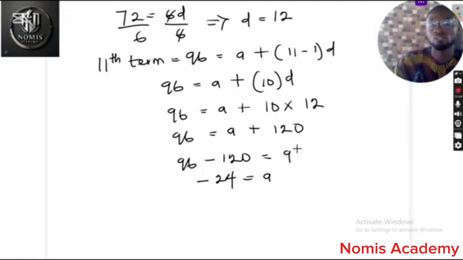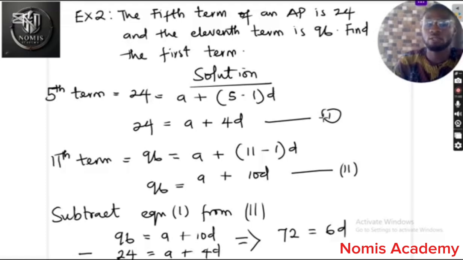And for the reason of confirmation, let us take the fifth term. The fifth term says is 24. So let's take it to confirm if I will still have the same value of a, so that you'll be sure that whichever one you choose, you are good to go.